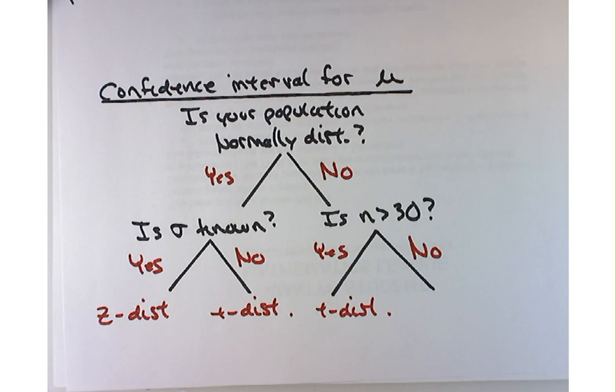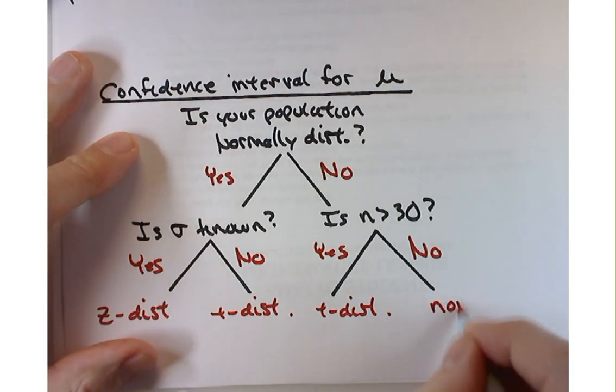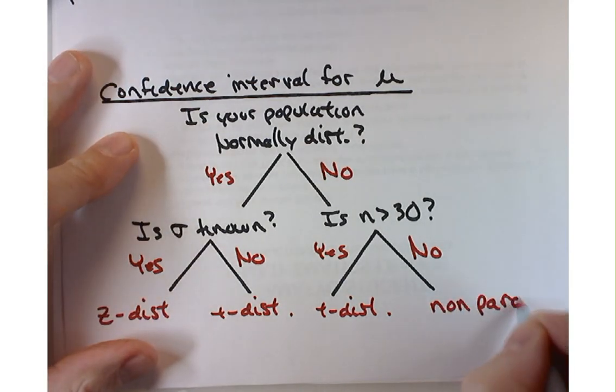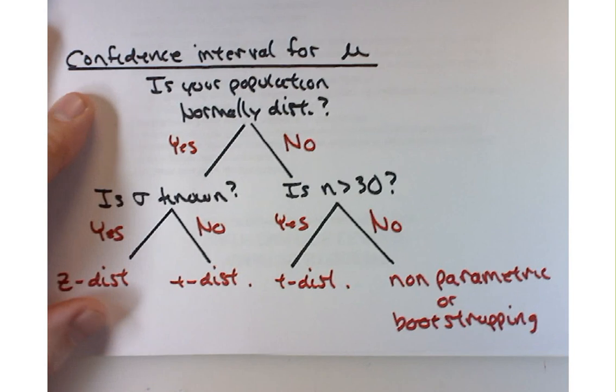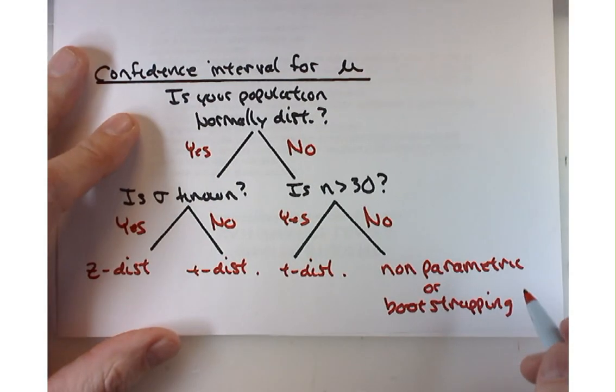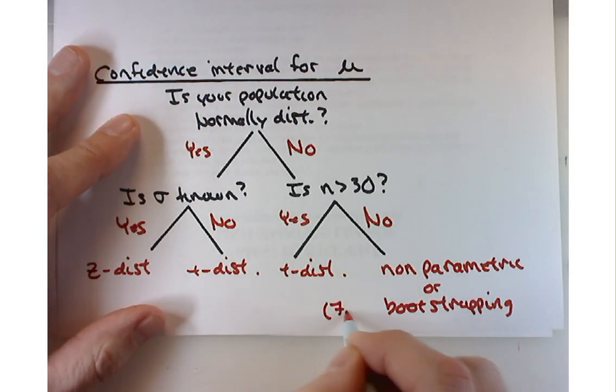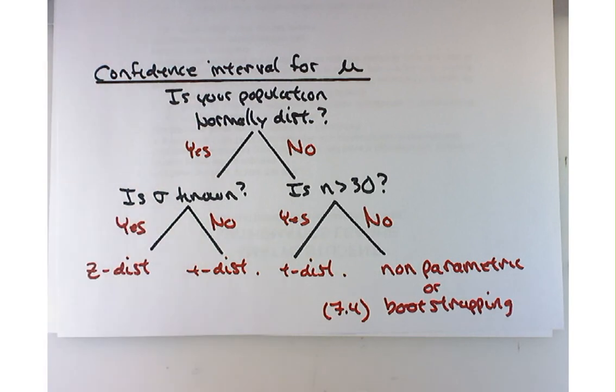That's where you're going to have to use a non-parametric method or bootstrapping. I'm going to add this to this course. That's going to be section 7.4. We'll talk about that on Wednesday.